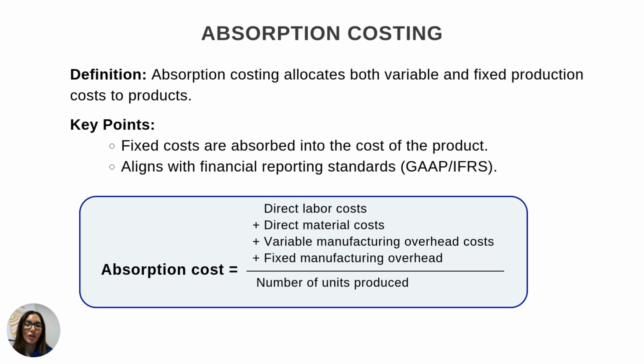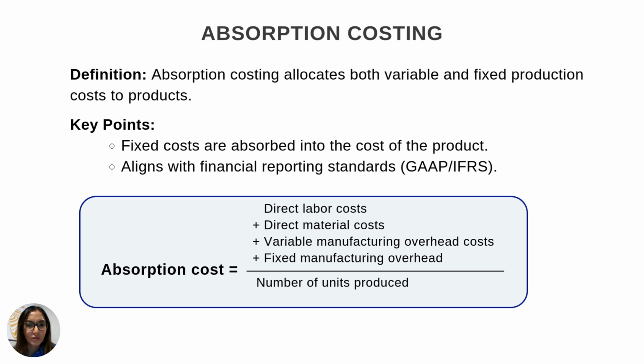So we just add fixed cost per unit to our unit cost, as we saw in our example when we calculate the total cost. It aligns with the financial reporting standards because in financial reporting standards we need to show all the costs related to the unit.